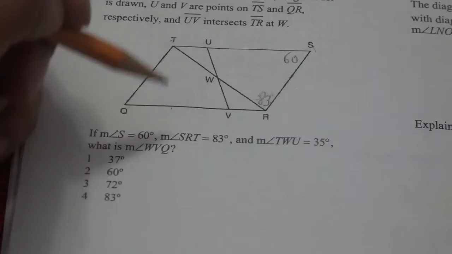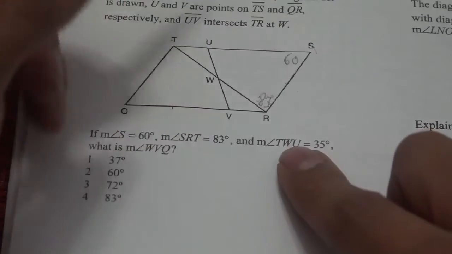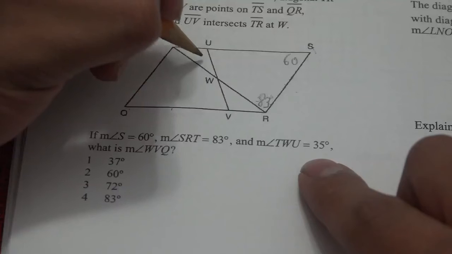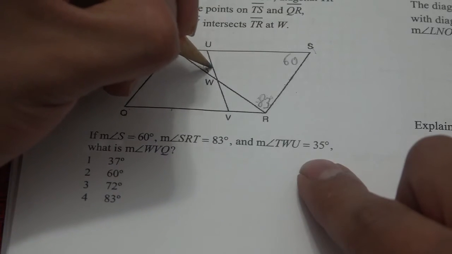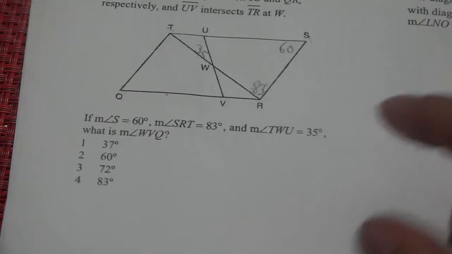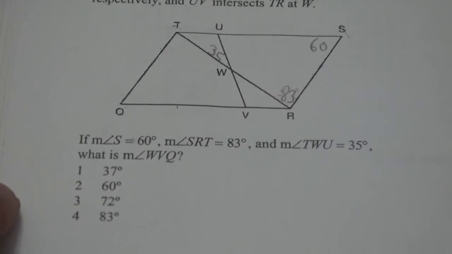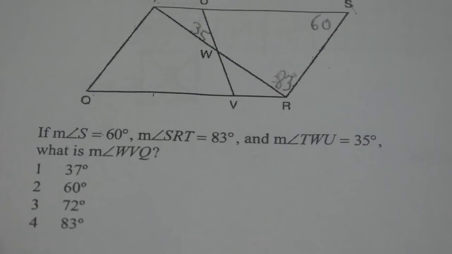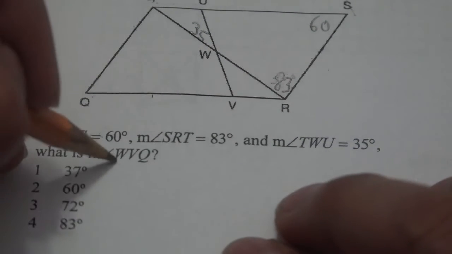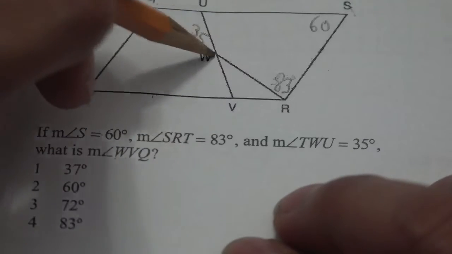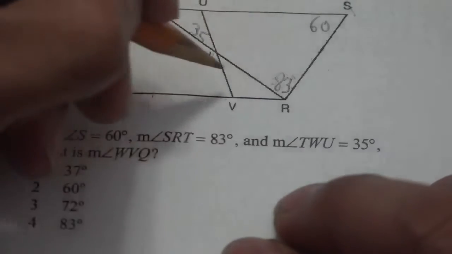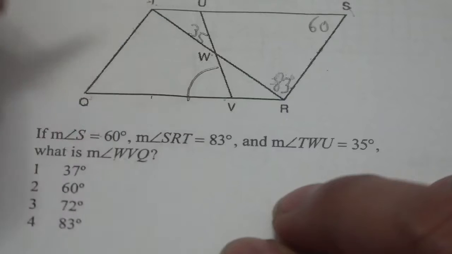Alright, so it's 83. And the measure of angle TWU is 35 degrees. Okay? 35 degrees. So now what? What is the measure of angle WVQ? They want the measure of this angle right here.